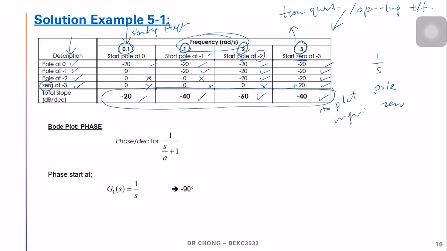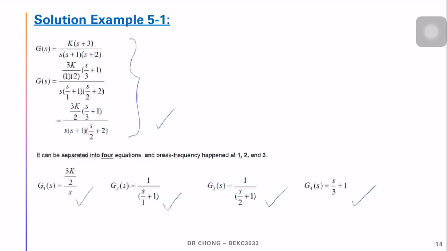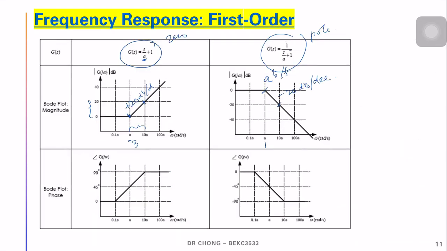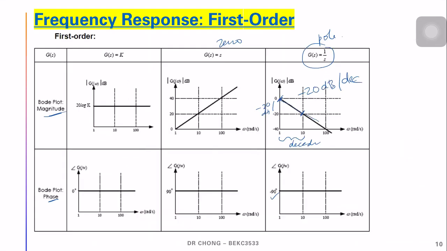Okay, so next go to the phase. When we go to the phase, we also need to know where to start. So we can see that the lower one, smaller, is a pole at 0. So when there is a pole at 0, just now I already showed here, you will start from the pole. This is a pole, right? Start from negative 90.